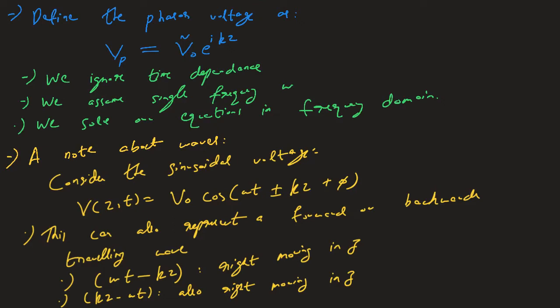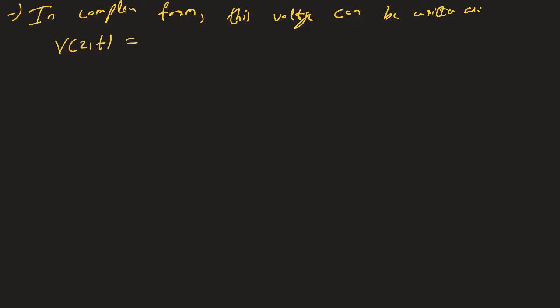So then this sinusoidal voltage, in complex form, can be written as: V of z,t becomes equal to the real part of V naught e to the i times omega t plus or minus kz plus phi, right? And so that's the real voltage.